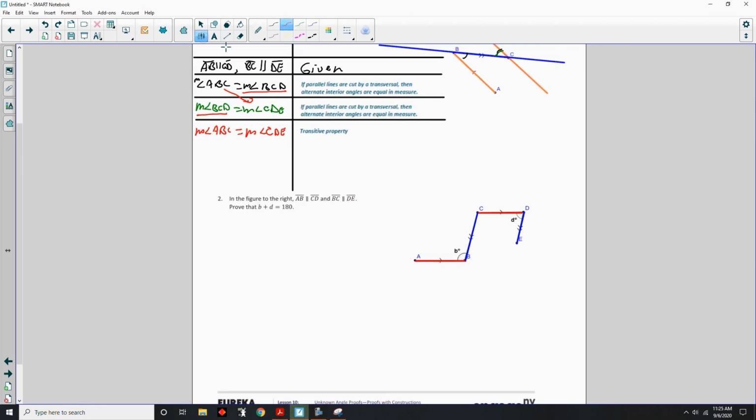Okay, so how do we start any proof? With the givens. So the first thing I would say is segment AB is parallel to CD, comma, segment BC is parallel to DE. Reason, given.